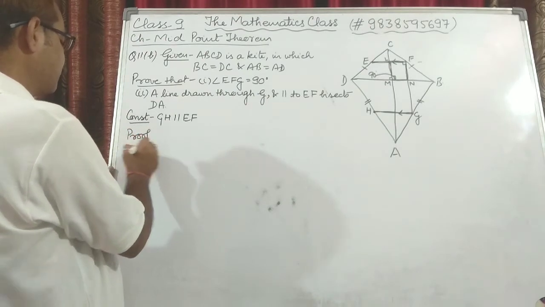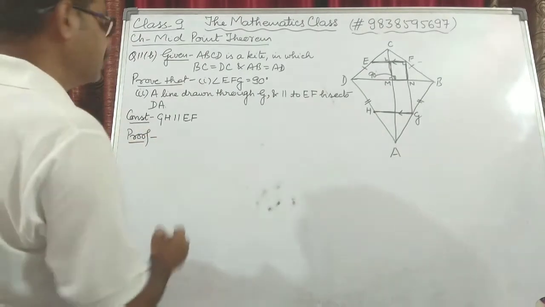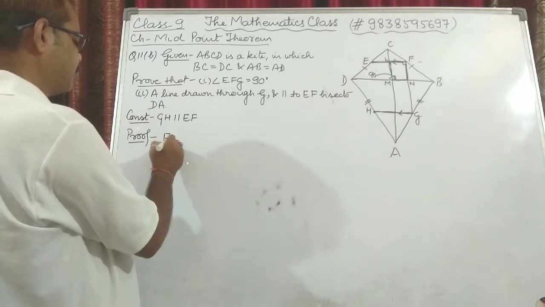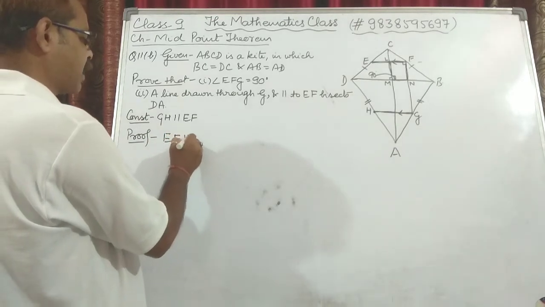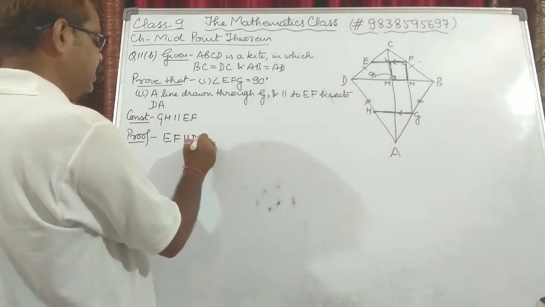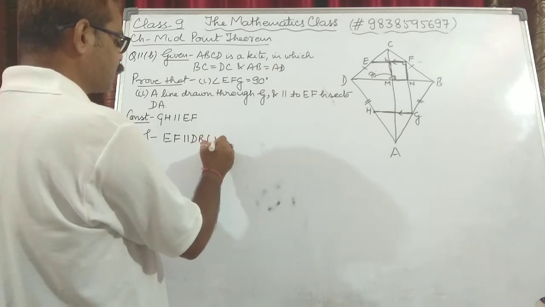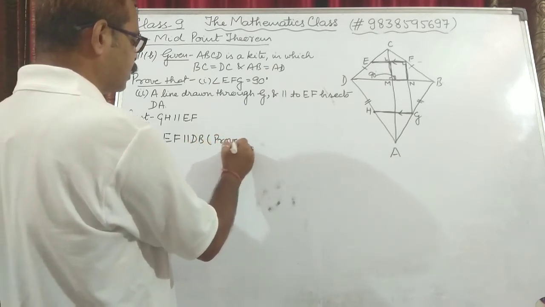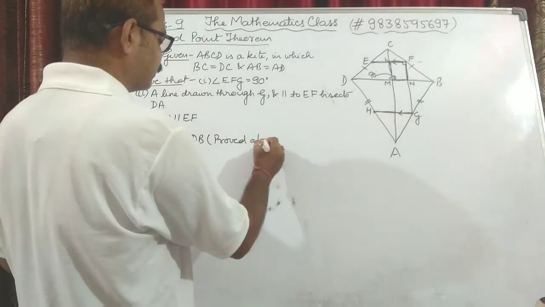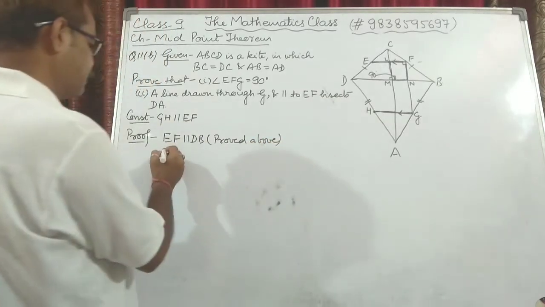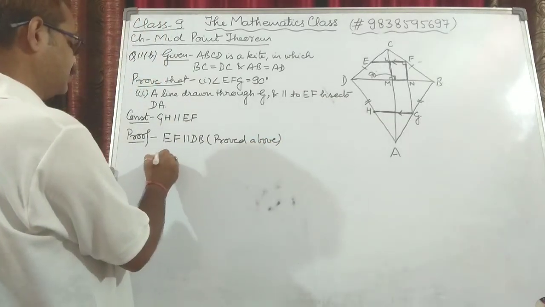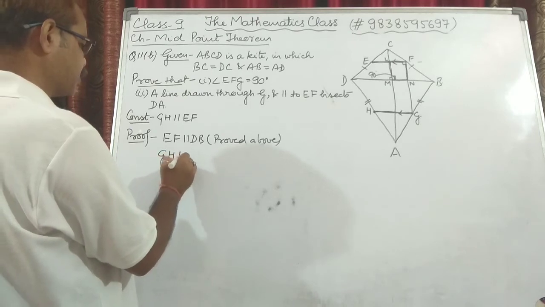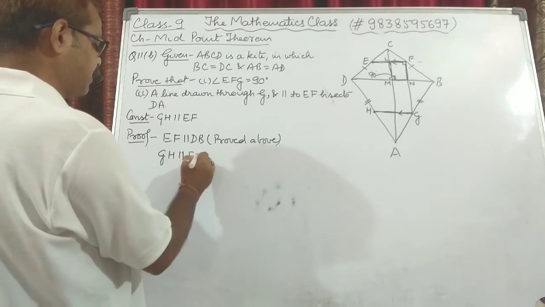What is the proof? We know that EF is parallel to DB. How? That was proved above. At the same time, we know that GH is parallel to EF.